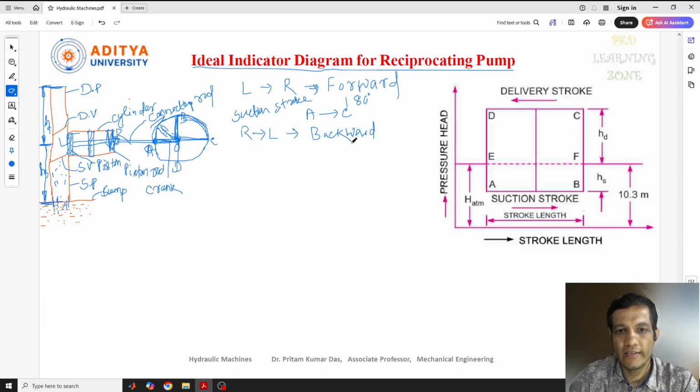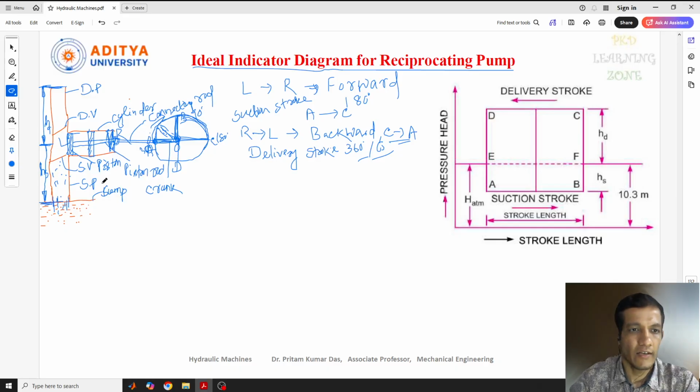The backward direction is nothing but movement from C point to A point again through D. So this is 180 degrees, this is 90, this is 0 degrees and 360 degrees. So again it will reach here at 360 degrees, or 0 degrees we can say. When it reaches here, that is our backward direction, and that is called the delivery stroke.